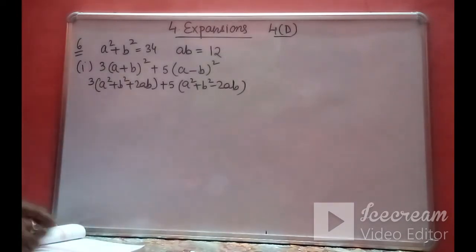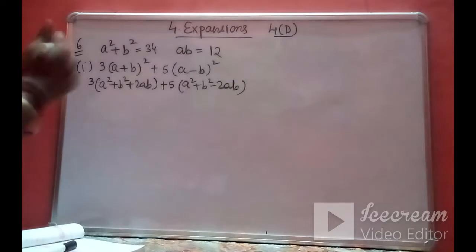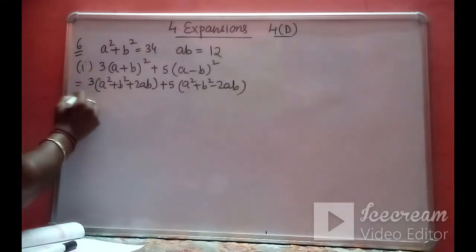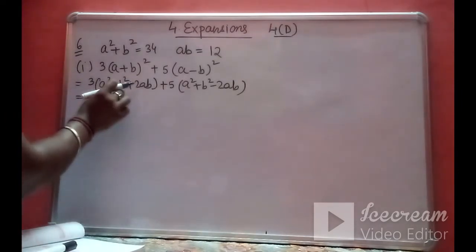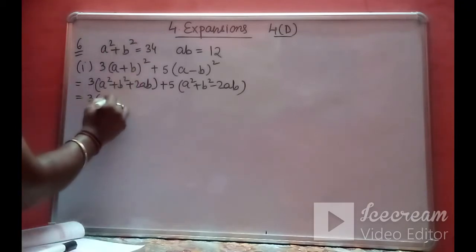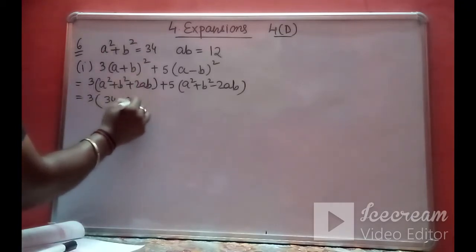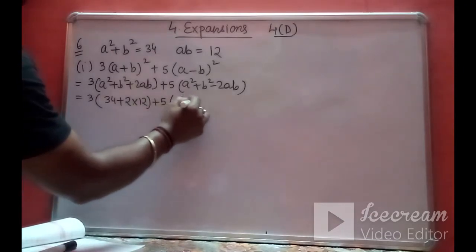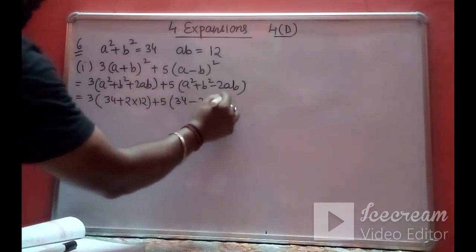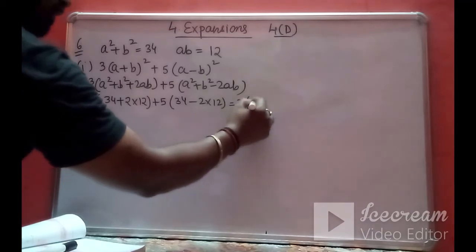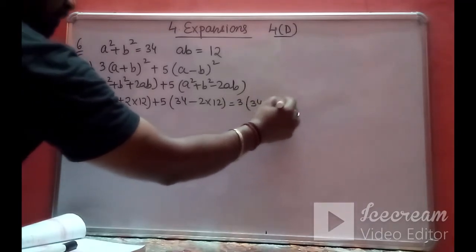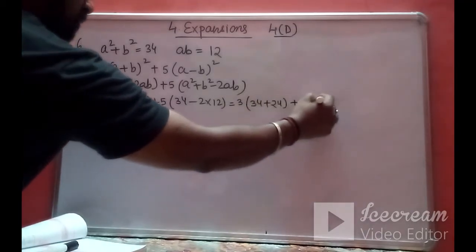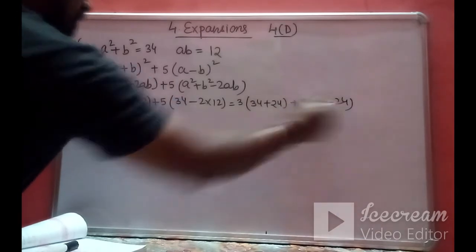So finally, what we will get? Now we will start putting the values, like what is a square plus b square is given as 34 plus 2 into 12 plus 5, 34 minus 2 into 12. So it is 3 into 34 plus 24 plus 5 into 34 minus 24.